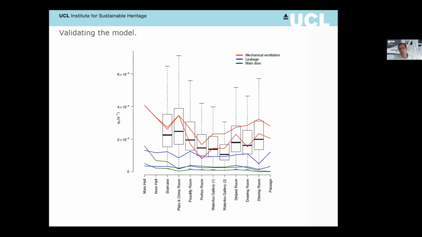So what this plot shows is that you cannot really explain the differences between rooms if you don't consider the effect of ventilation. That's how you need to interpret this kind of results. So you run scenarios and you have to think which of the scenarios that you have run is the one that contains the factors that explain the variability of the data.